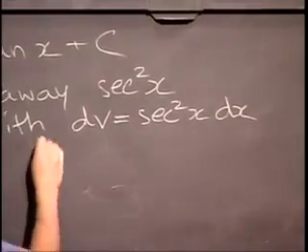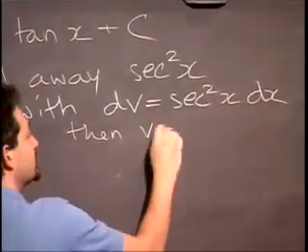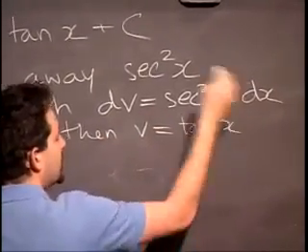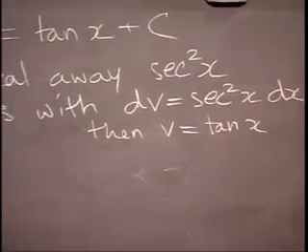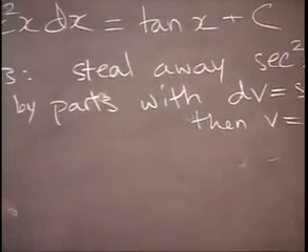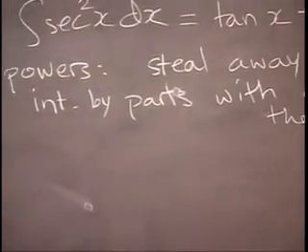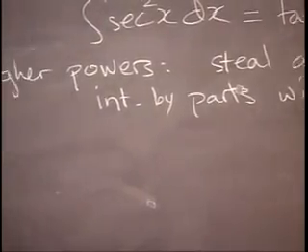You see, then you'll get v is tan x. So you've got to integrate by parts. That's the first thing. Steal away secant squared x and integrate by parts. But even after you do that, you'll still have work to do.